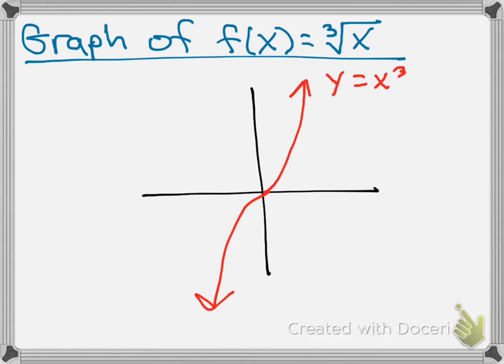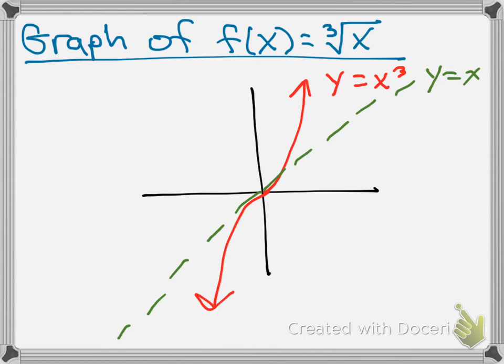So just like with the square root function, we can find our cube root function by reflecting our cubic function over this line y equals x, since the cubic function and the cube root function are inverses.